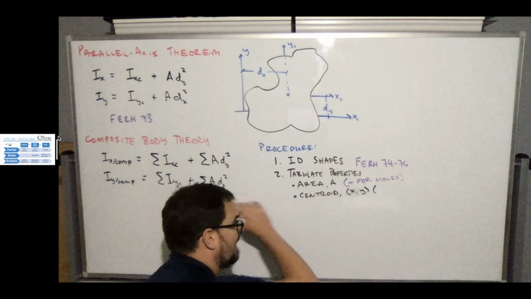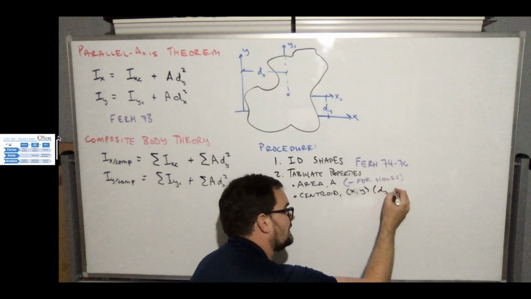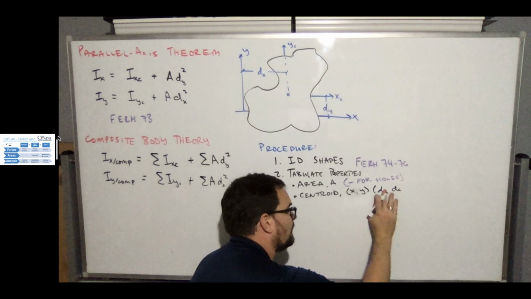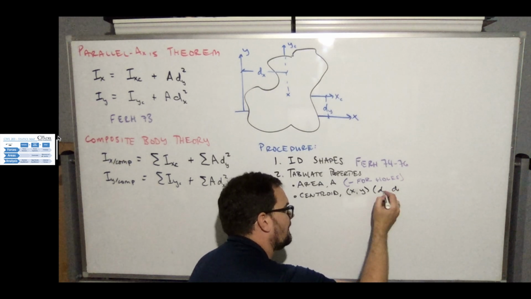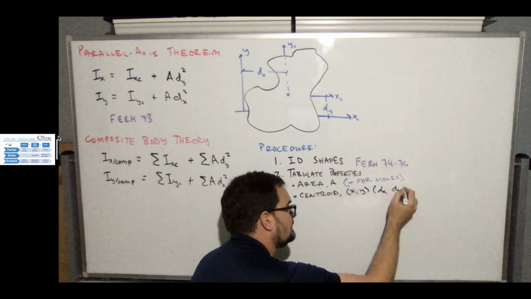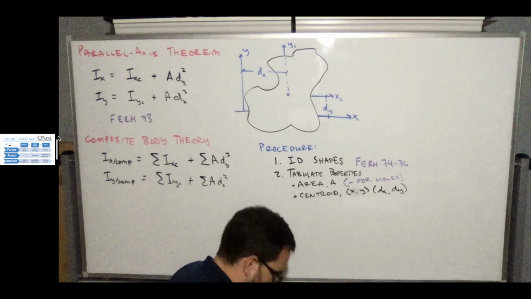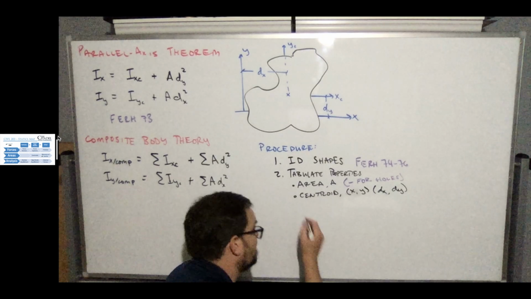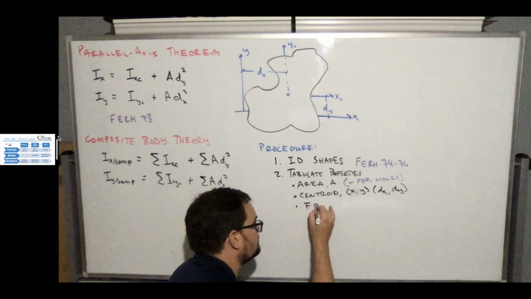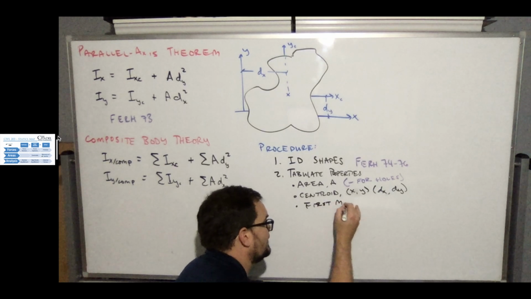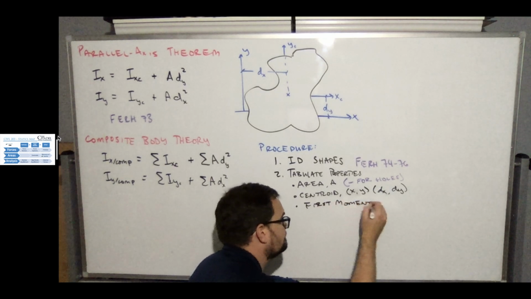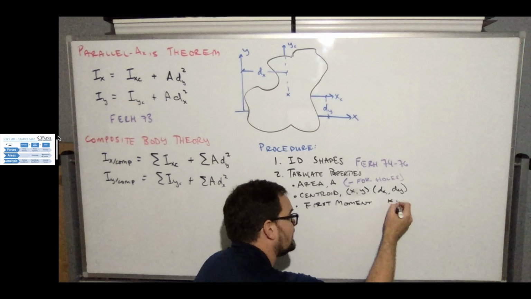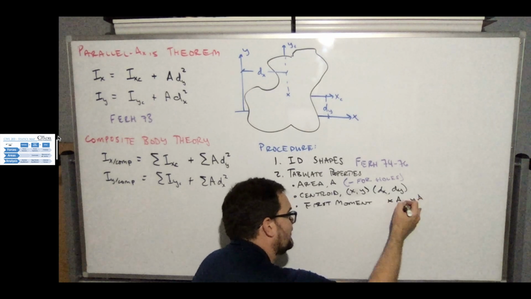In our parallel axis theorem, this is going to be dx and dy, but it's the same idea. Okay. And then once we have the centroids, we'll need to calculate the first moment. This would let us find the centroid location. So that's going to be xA and yA.